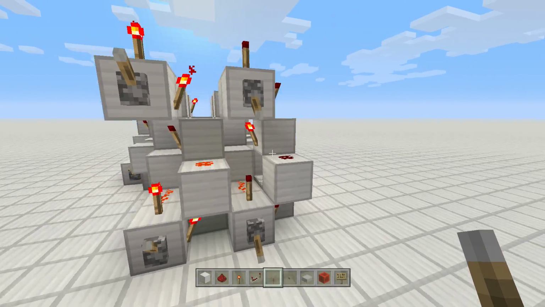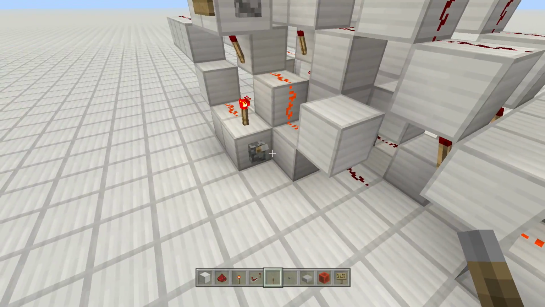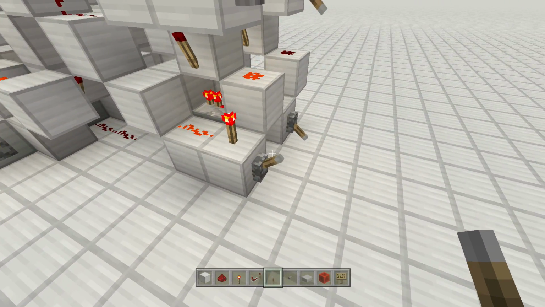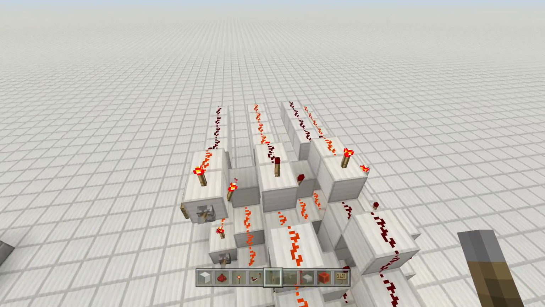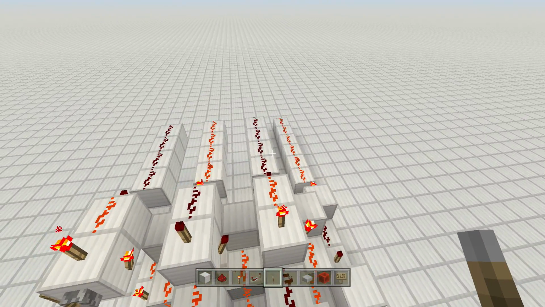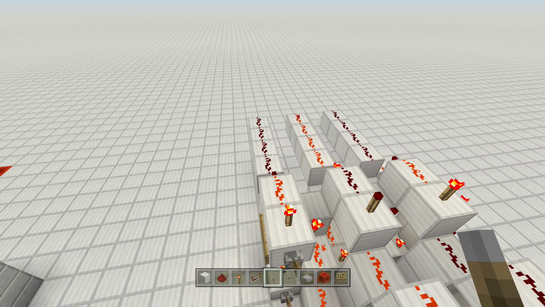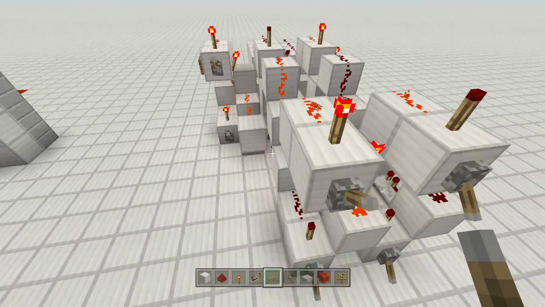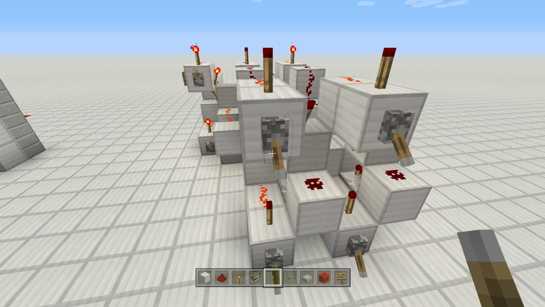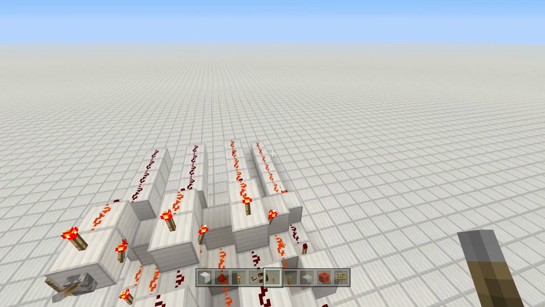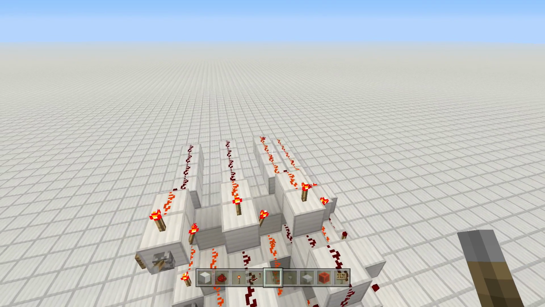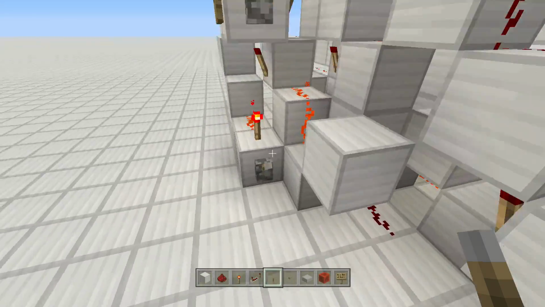You can do 8 plus 2, which is 10. This is 8, 4, we don't need a 4, 2, so 10, and then we don't need a 1, so it's still 10. I can do 12, 8 plus 4, I can do 13.